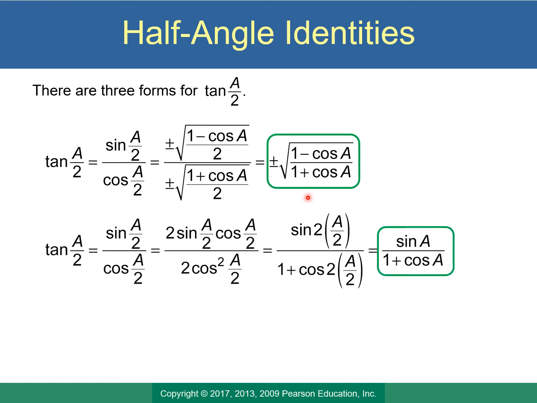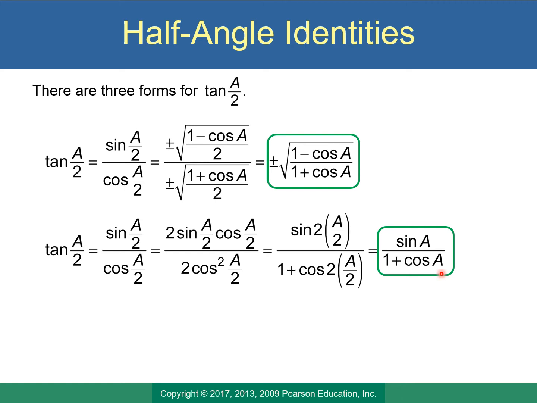The second version starts the same way. We divide sine a over 2 by cosine a over 2, but then we do a little bit of manipulation. From this step to the next step, we multiply by cosine a over 2, top and bottom. That allows us to rewrite using our double angle identities, giving us a second version for tangent a over 2, which is sine a on top, 1 plus cosine a on bottom.